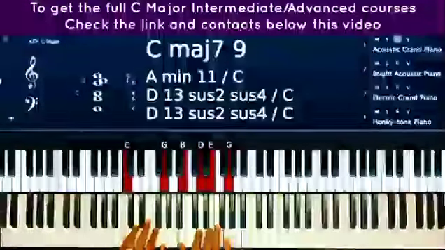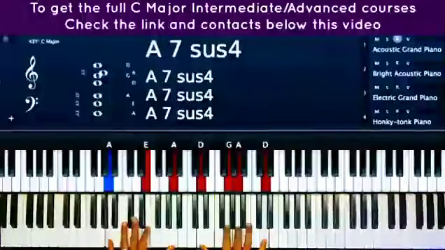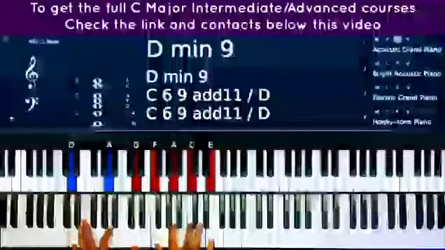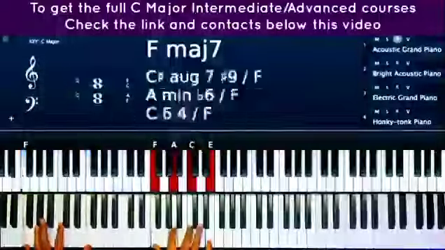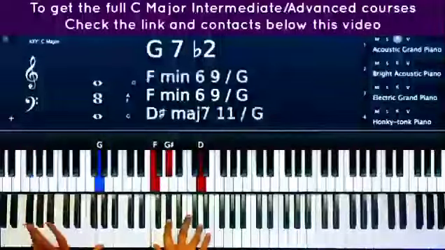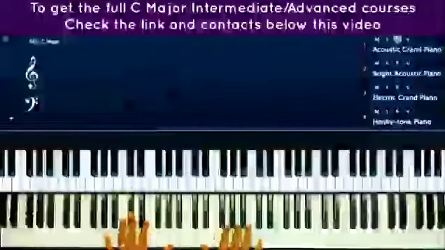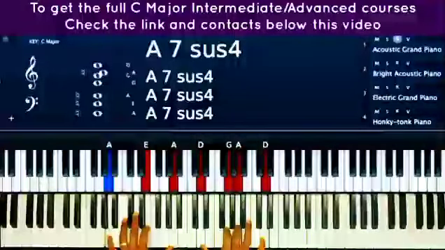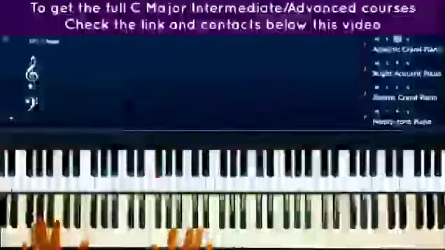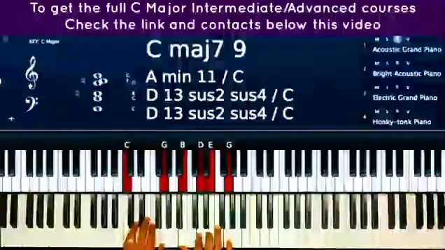So let's play this movement now in full. 1, 6, 2, 4, back to 1, 6, then to our 2, to our 4, back to 1.